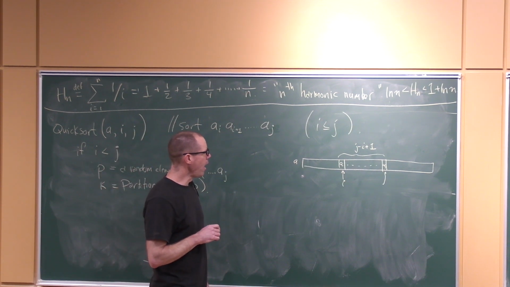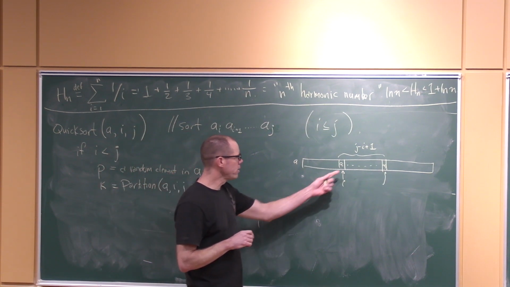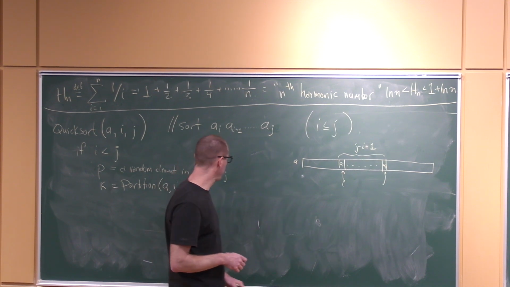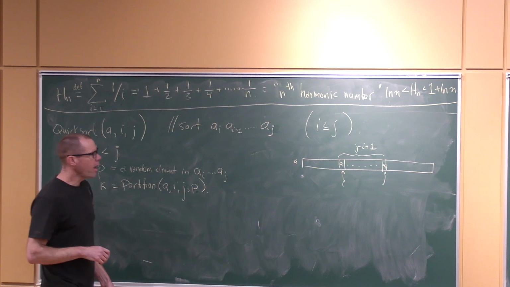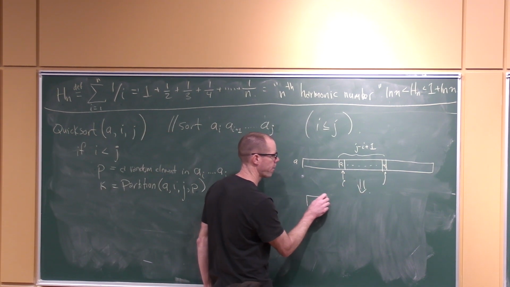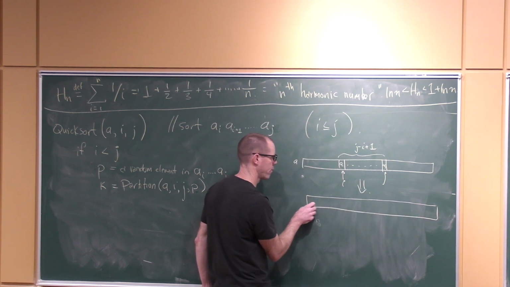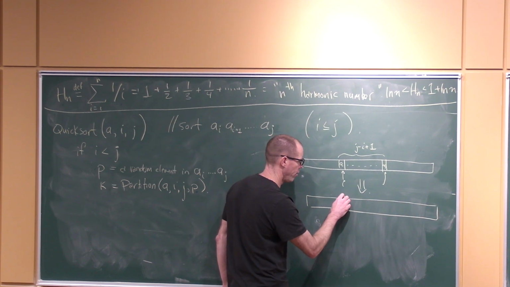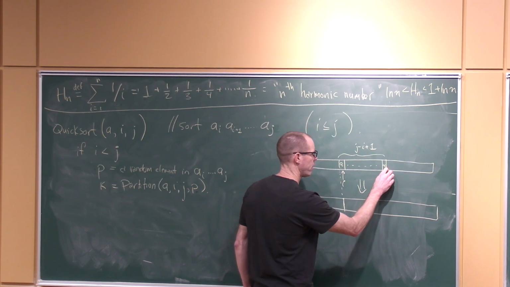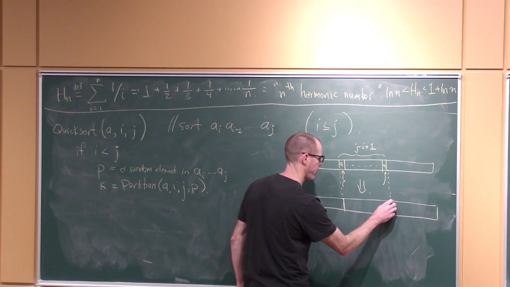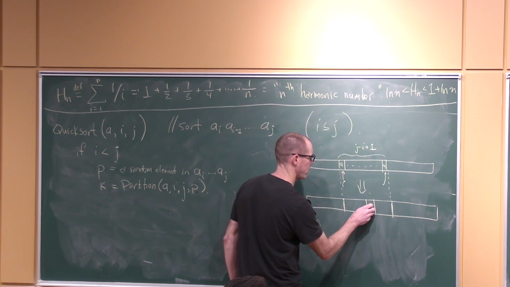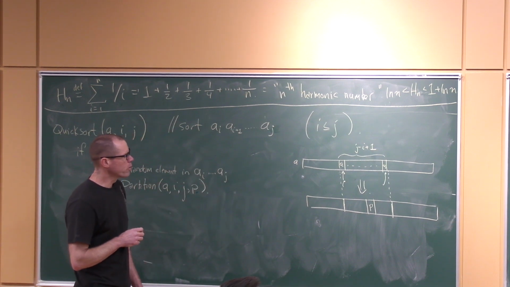So it takes all of that plus this value p, and it rearranges the array so that what you get is partial sorting.